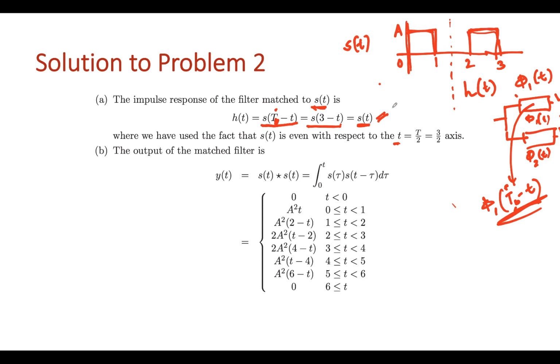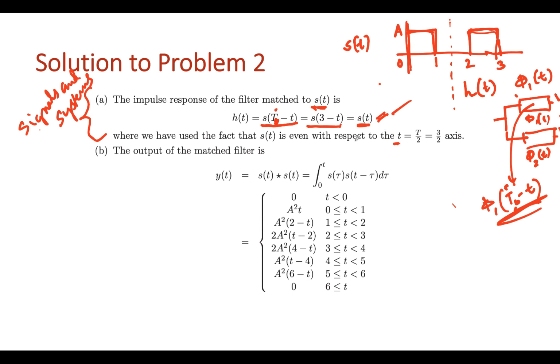That's why we have s of 3 minus t equal to st. This concept is directly from your signals and systems module which you studied last year.